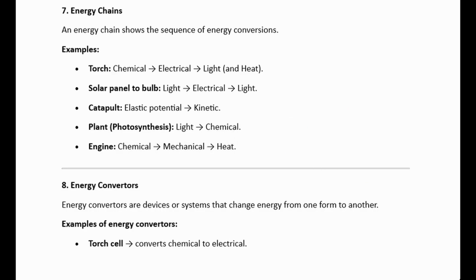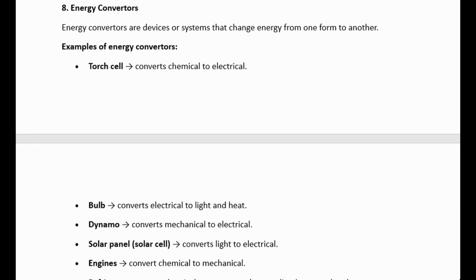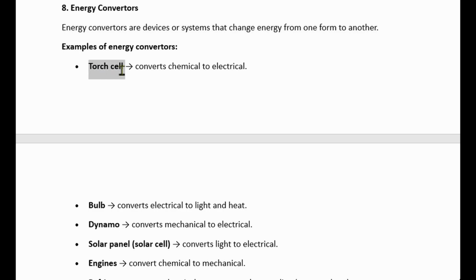Right. Let me now go on and explain energy converters. Energy converters are devices or systems that change energy from one form to another. Examples of energy converters include a torch cell, which converts chemical to electrical, as I have explained above.